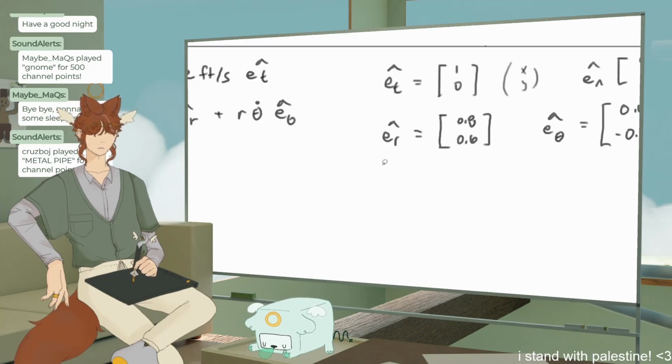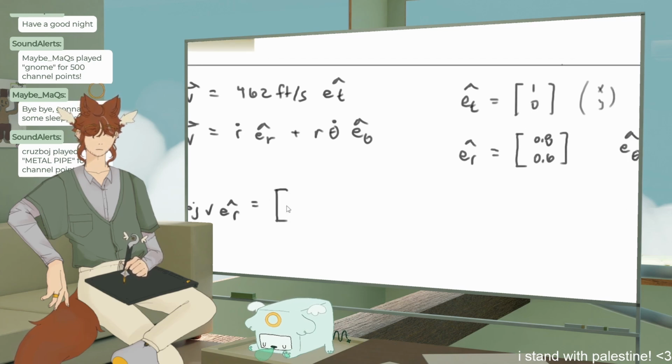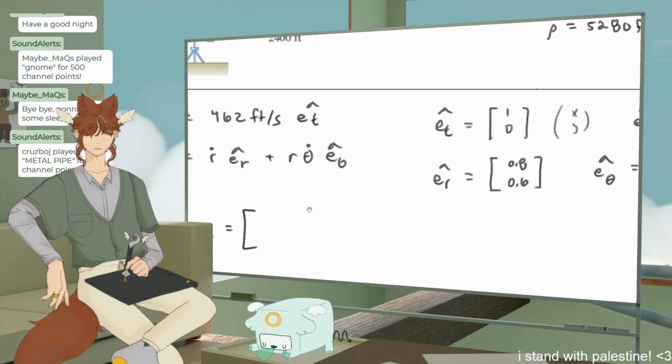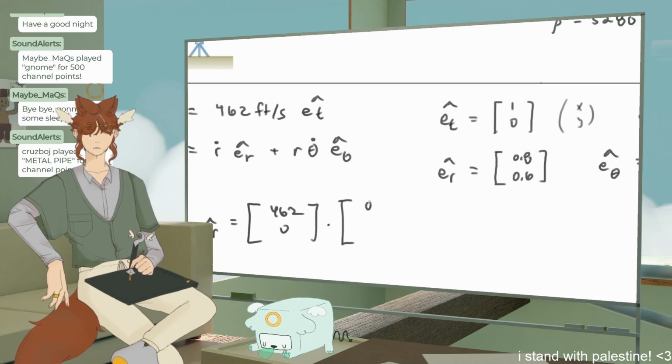Okay, so projection of V onto ER equals, we have 462, 0, dotted with 0.8 and 0.6. Oh, well that's nice.